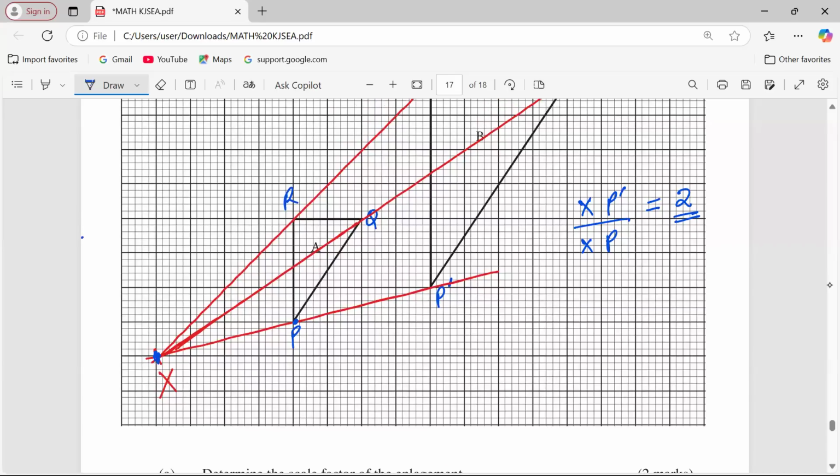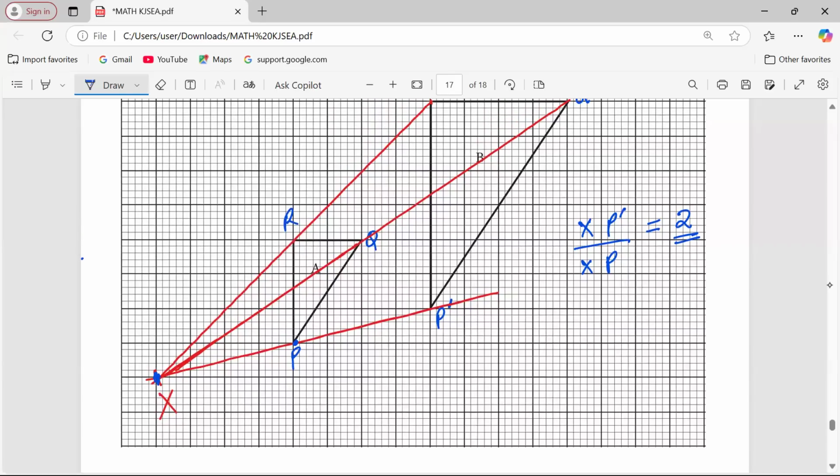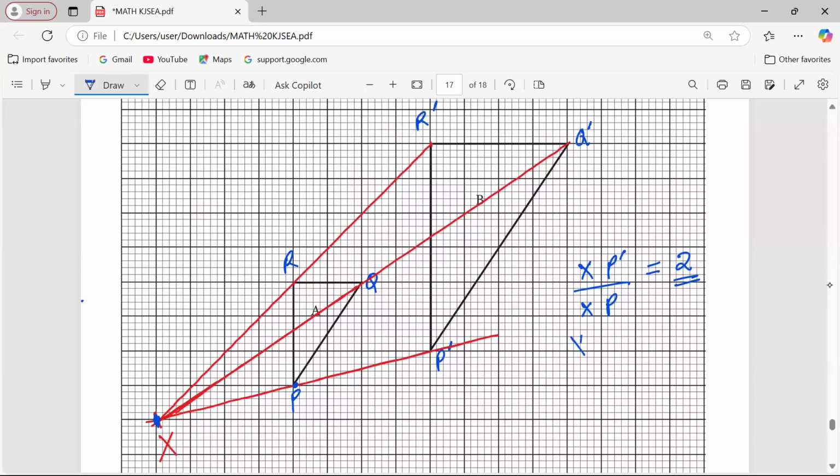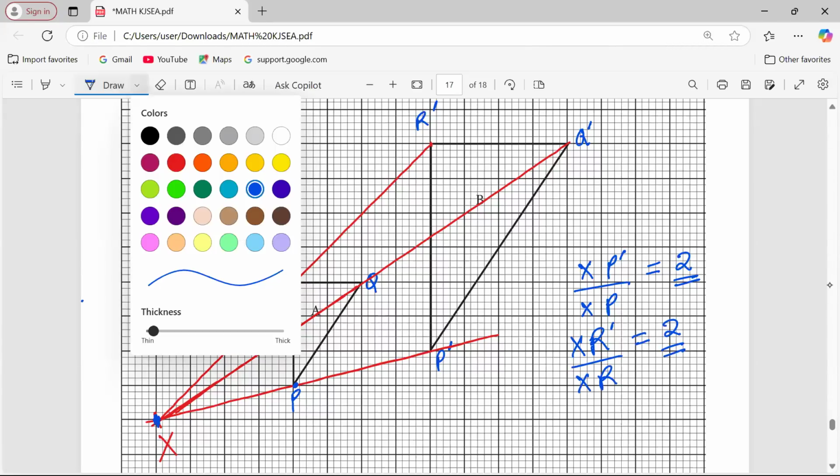We do the same for R, and you find that X to R prime, divided by X to R, is still 2. Let me do it practically for you to see.